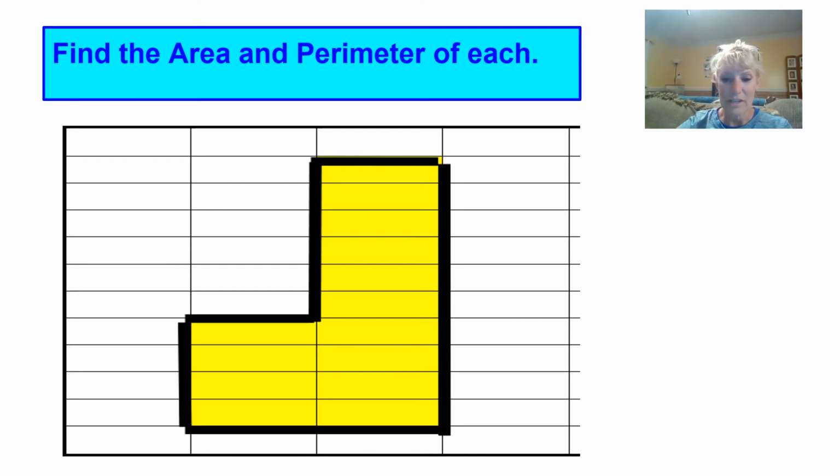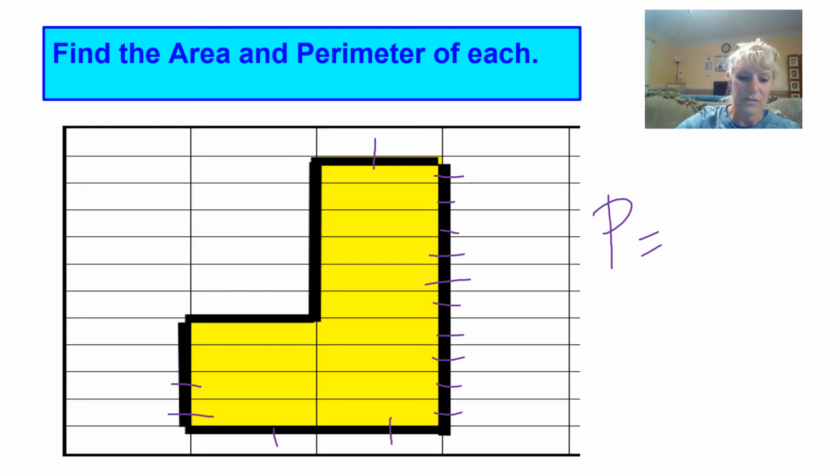Okay, let's check it. Perimeter. My perimeter's first. 1, 2, that's a hard one right there. 3, 4, 5, up to 24.